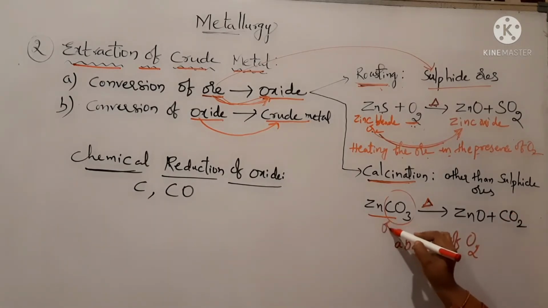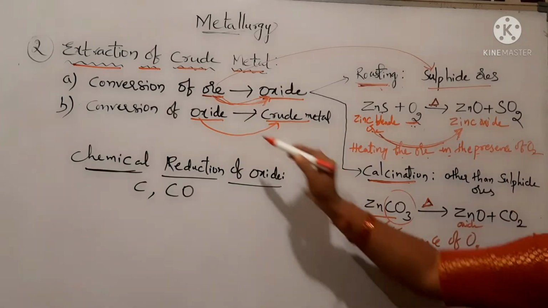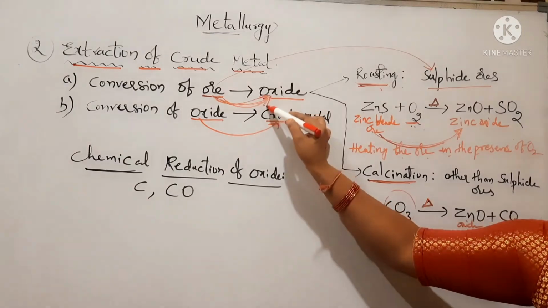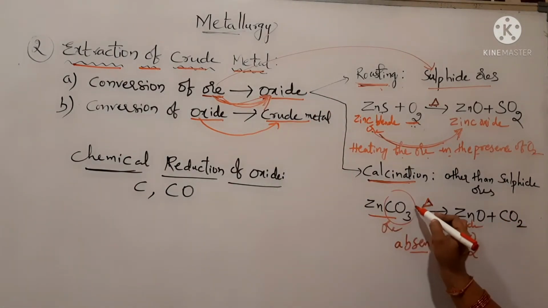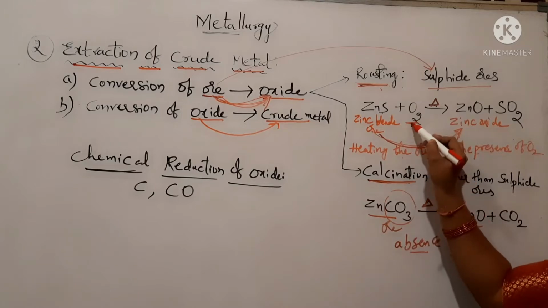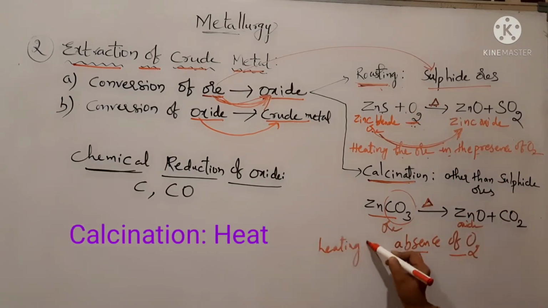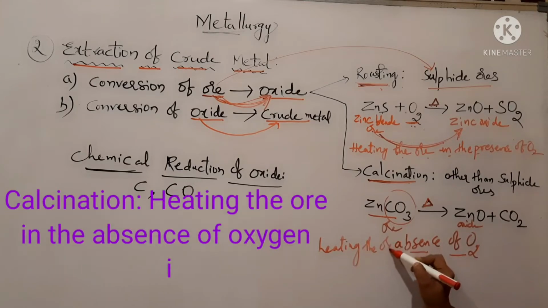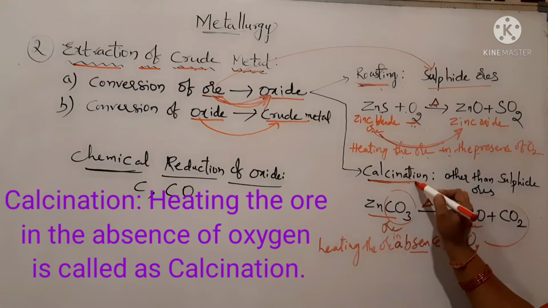Then this ore is converted to oxide, but in the absence of oxygen. See here, no oxygen is present in the reactants. Here oxygen is present in the reactants. So heating the ore in absence of oxygen is called calcination.